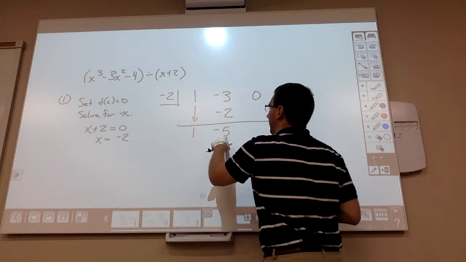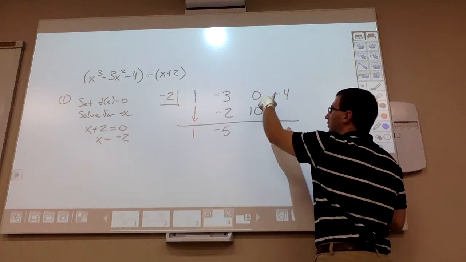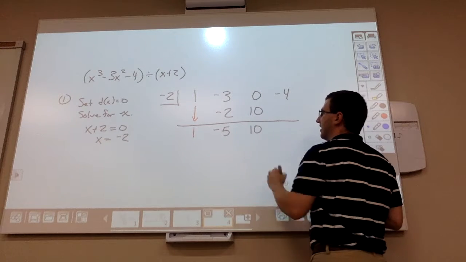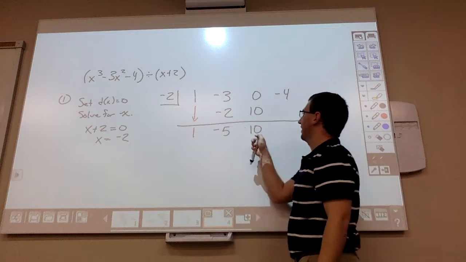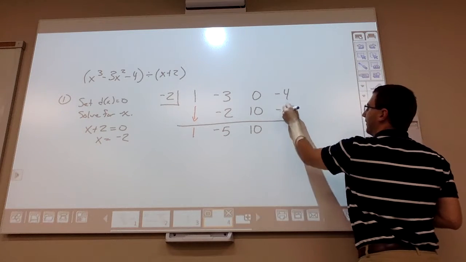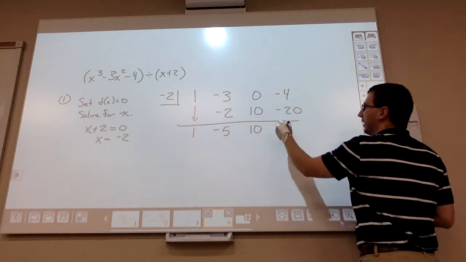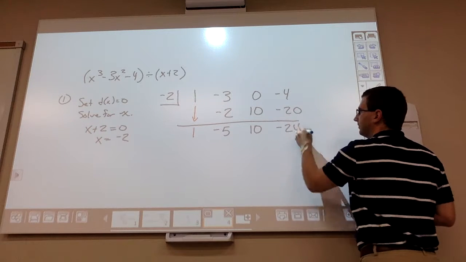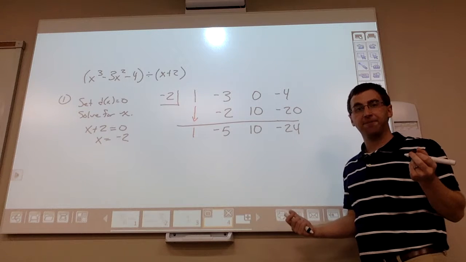Negative 2 times negative 5 would be a positive 10. 0 plus 10, positive 10. Negative 2 times 10 would be a negative 20. Negative 4 minus 20 gets you a negative 24. All right? We got all the hard part done now.